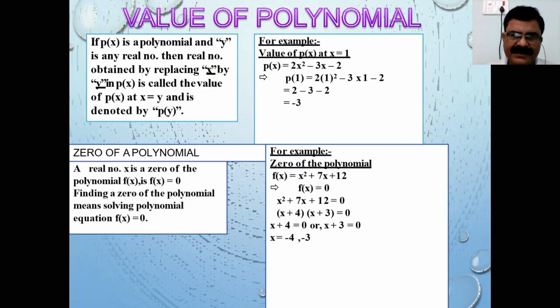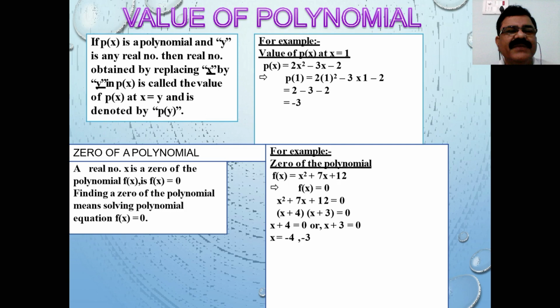Now students, you see first the value of a polynomial. If p(x) is a polynomial and y is any real number, then the real number obtained by replacing x by y in p(x) is called the value of p(x) at x equal to y, and is denoted by p(y).